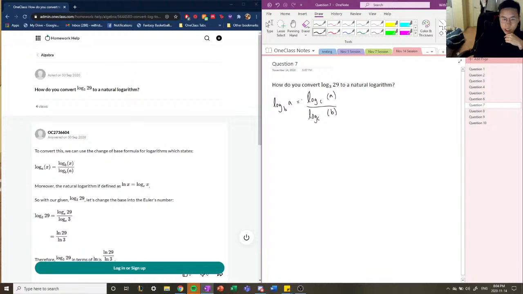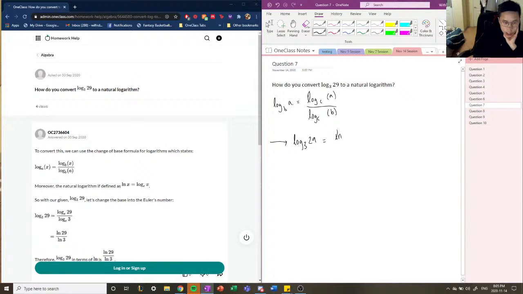It can be base 10 to base 8, base 9 to base 27. It could be base 10 or base 3 to ln, right? This is the formula for doing that. Okay, cool. So let's try to change log base 3 of 29 to ln. If we use the formula here, we want to use ln.